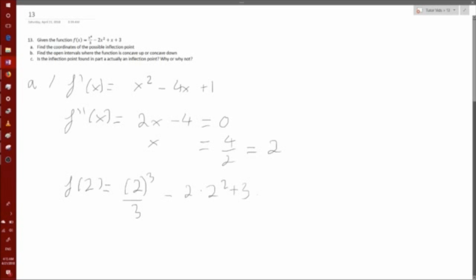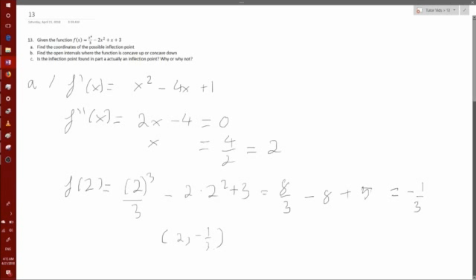So we get 8 over 3 minus 8 plus 5, which is negative 1 over 3. Okay. So our possible inflection point is 2 and negative 1 over 3. So that's A. And then we try for B.